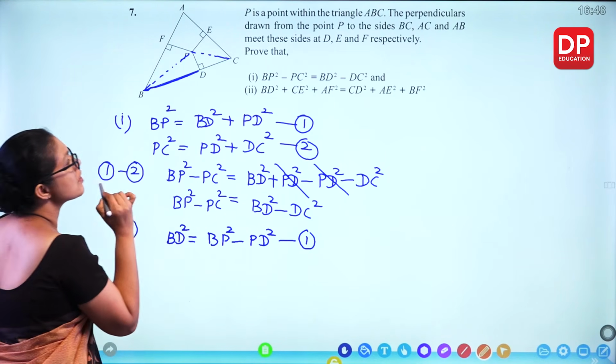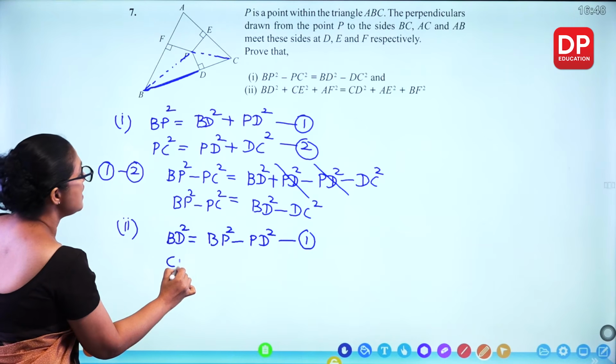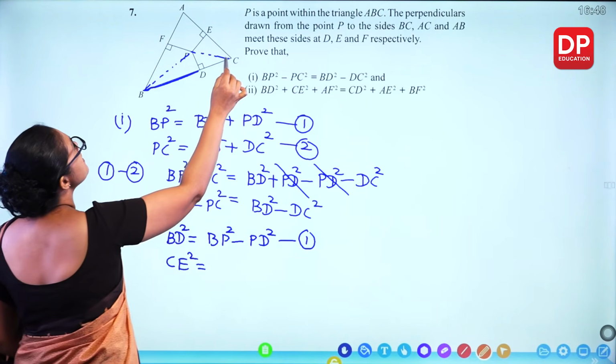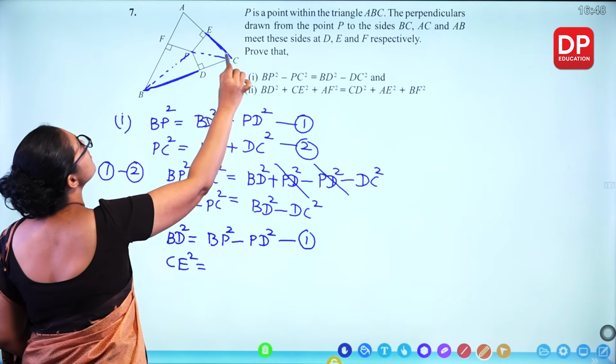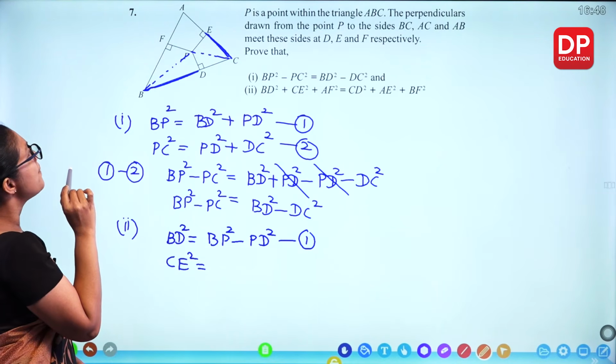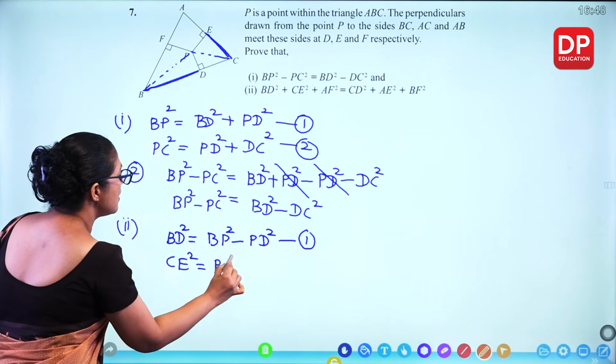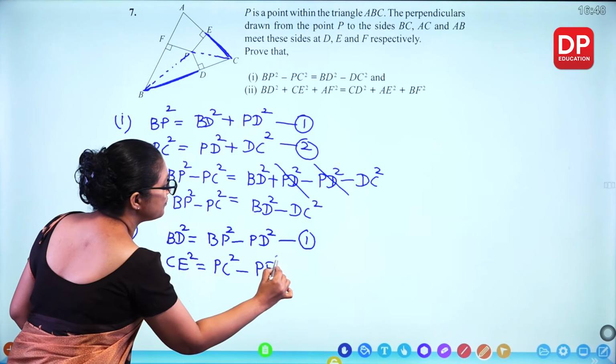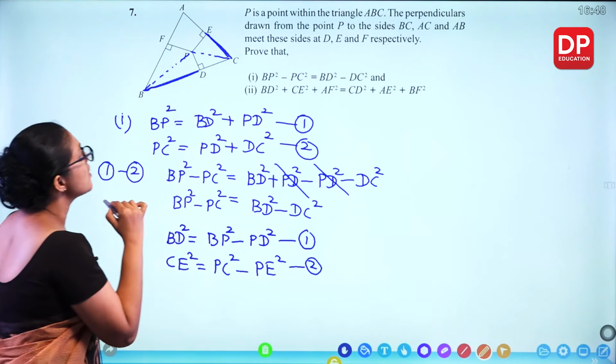That's the first equation. Then CE squared. CE is this one. So how can I write? PC squared minus PE squared. That's my second equation.